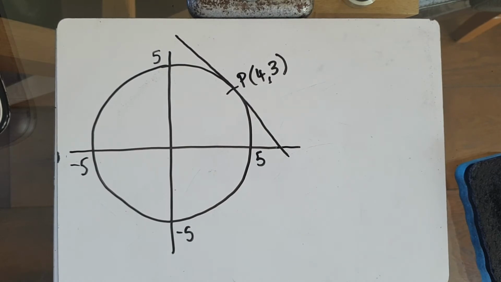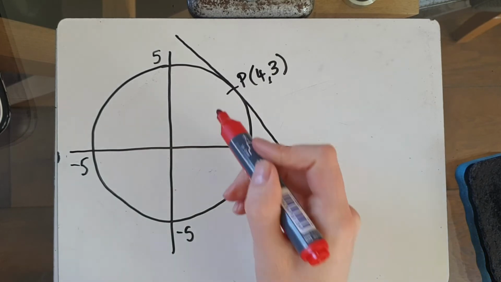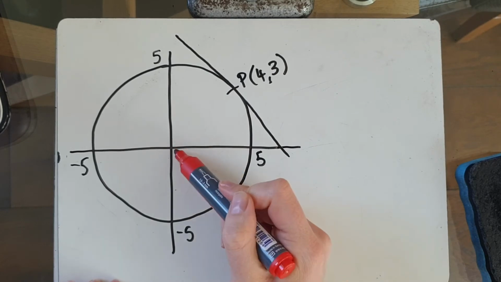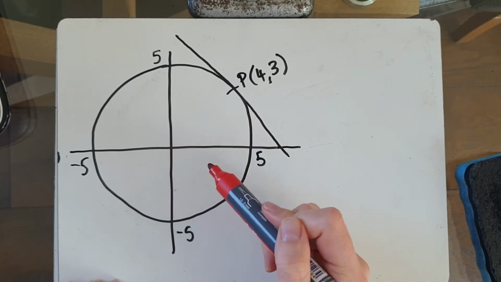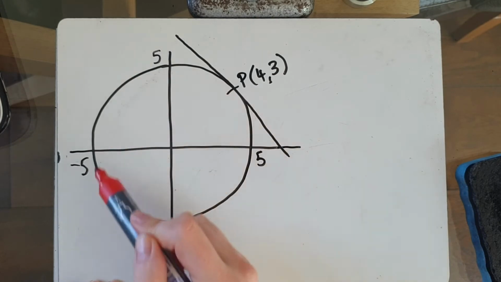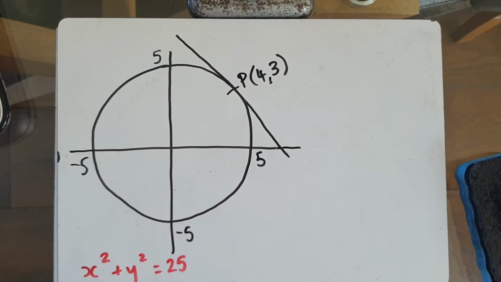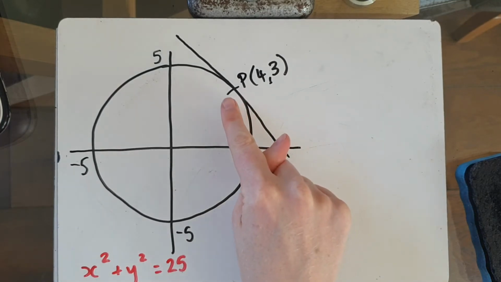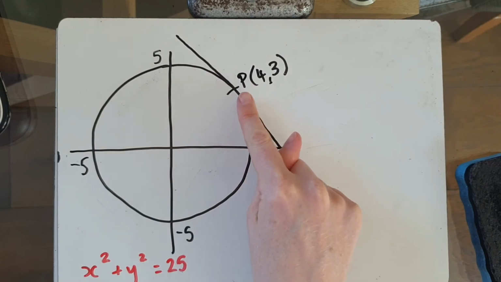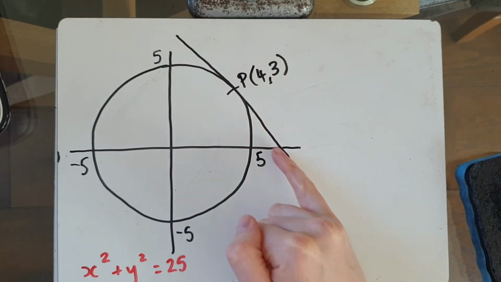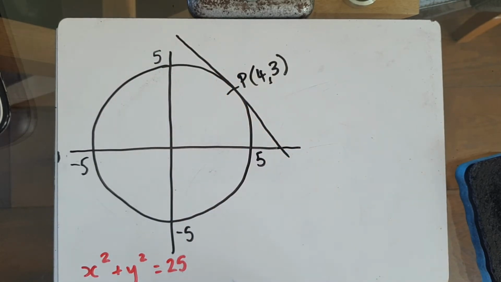Question 10 is finding the equation of a tangent to a circle. So we've got a circle here. It has radius 5. It is centred at 0, 0. If I had to write down the equation of this circle, it is x squared plus y squared equals 25. We've got a point on the circumference of the circle, point P, and that also lies on a tangent to the circle, and it's this tangent that we want to find the equation of.